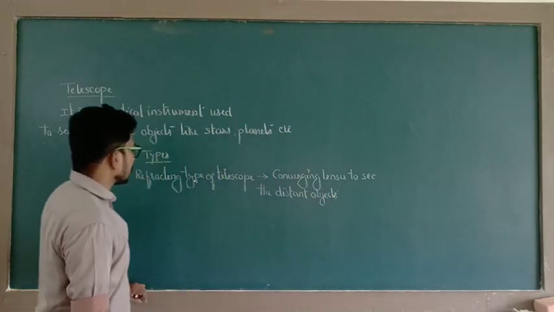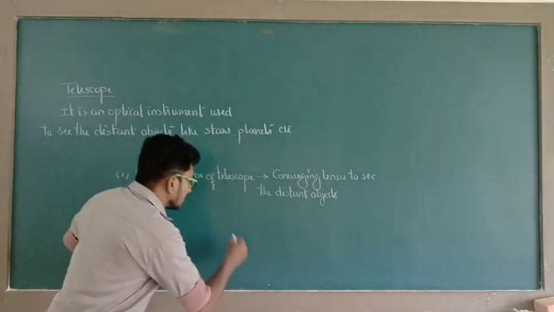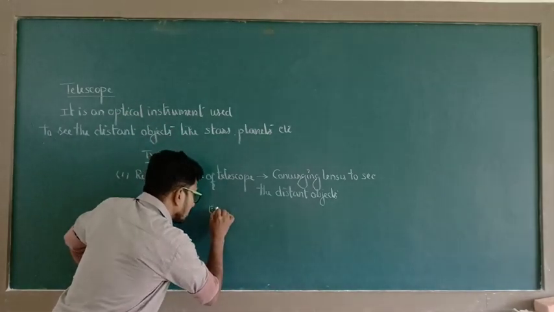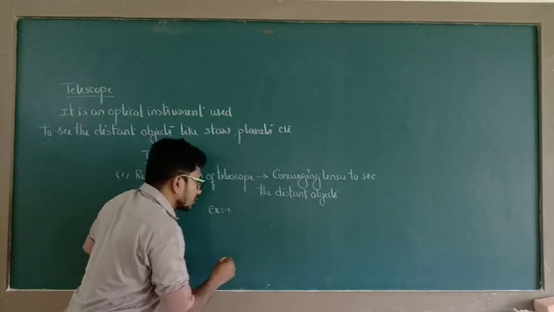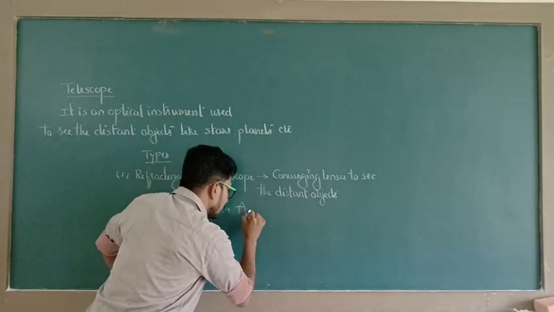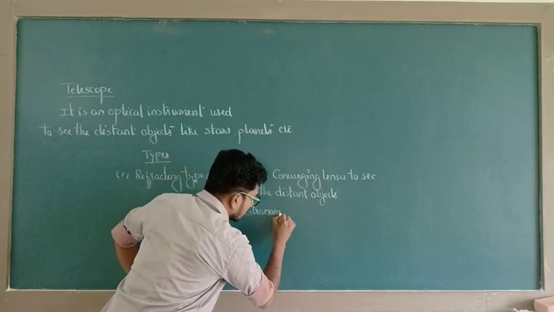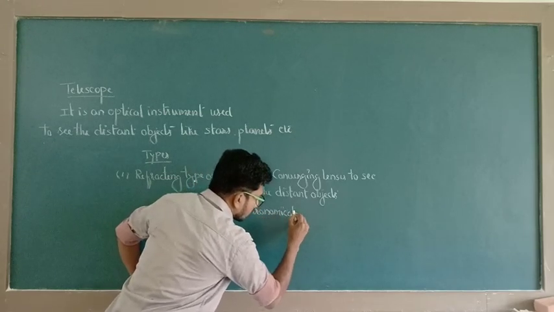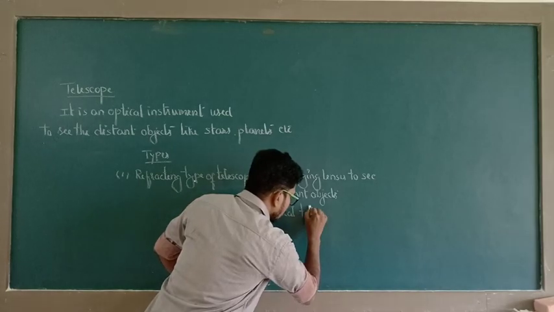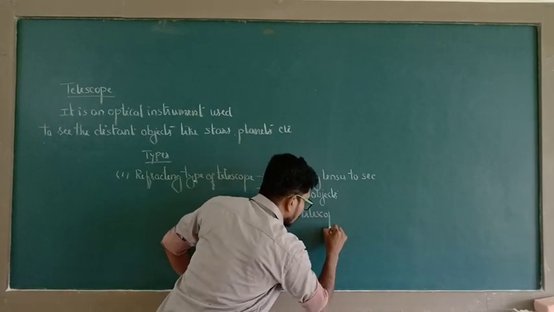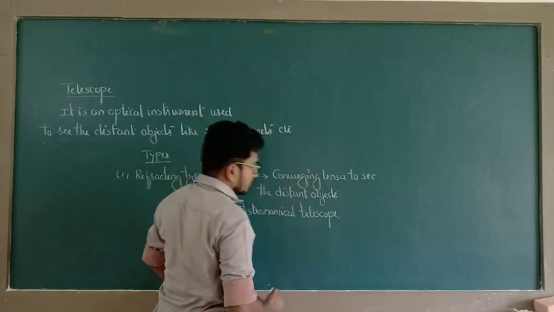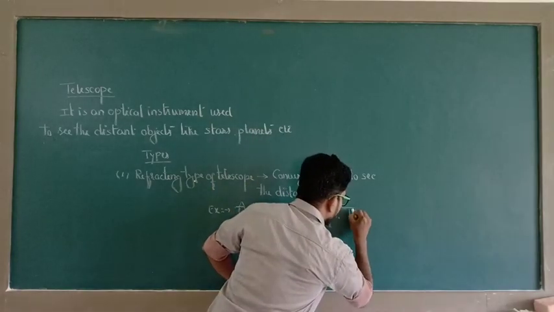Examples of a refracting type of telescope are the astronomical telescope and the terrestrial telescope.